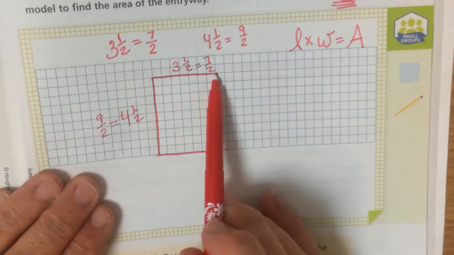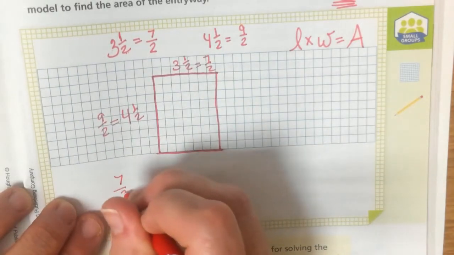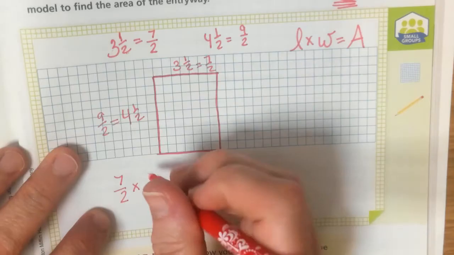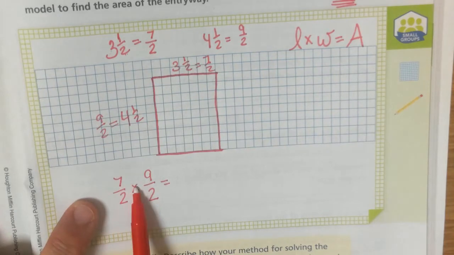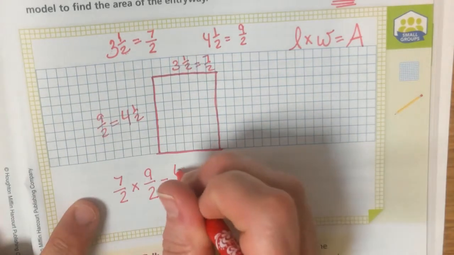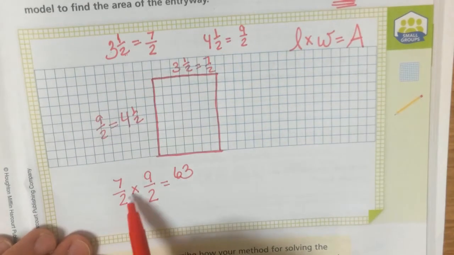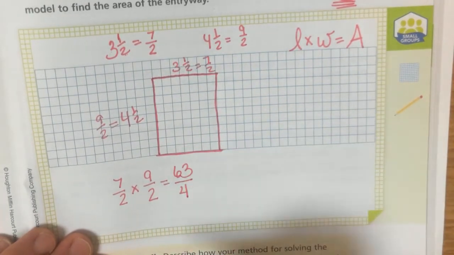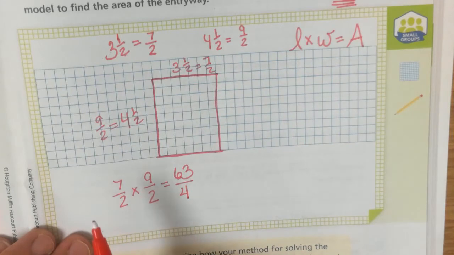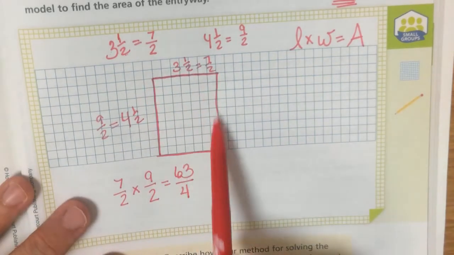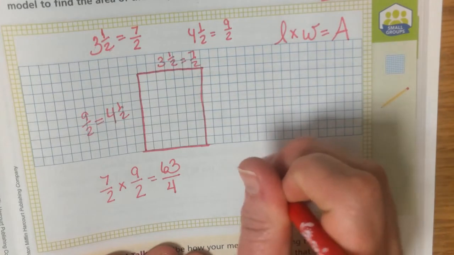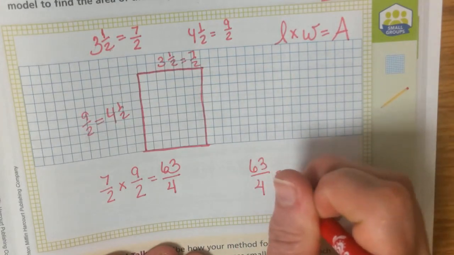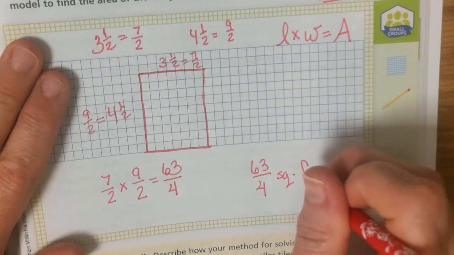So if our length is 7/2 times our width, which is 9/2, 7 times 9 is 63. 2 times 2 equals 4. So the area of this rectangle of the front entryway is 63/4 square feet. We need our label.